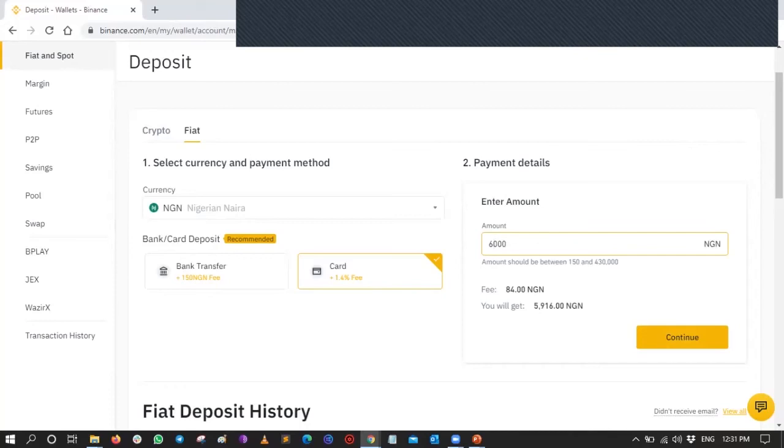You've done all night in trading, then you want to cash out, and you have to look for someone to sell your Bitcoin or crypto asset to convert to Naira. No more. With Binance, I do that. It's the only exchange in Nigeria that does that with a lot of crypto assets, not just about two assets.